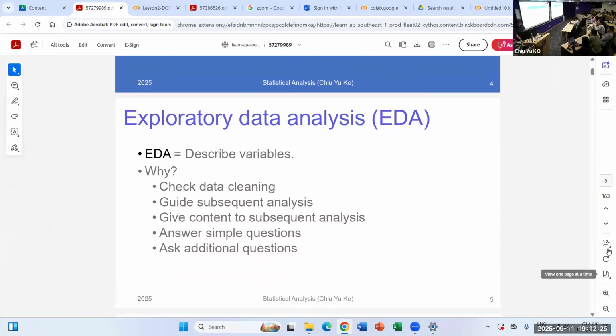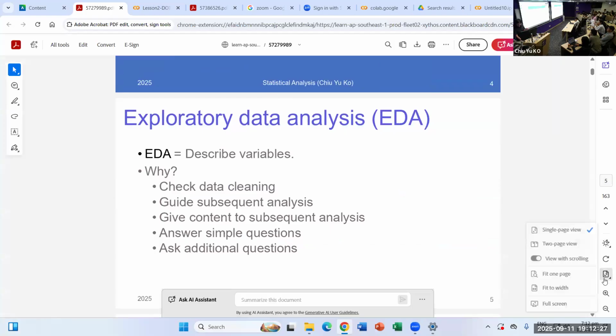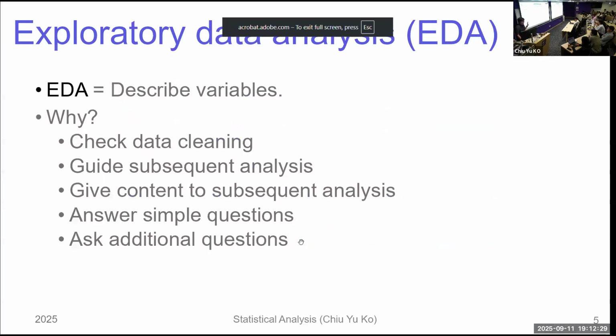Now let's start with EDA. Why can't I full screen that? Okay, EDA. The important thing is to describe the variables, and you may ask why we care about that. There are several reasons: you check whether the data is cleaned correctly, and you get some sense of what the data are. Very often you need to check whether the data is consistent with existing knowledge, and that's very important.